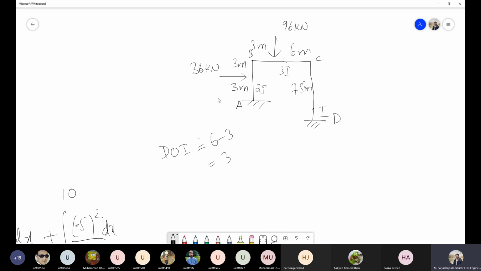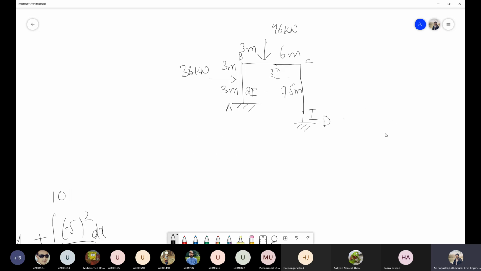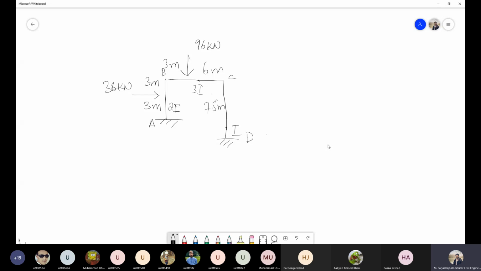So we need to take 3 reactions as redundant and write the compatibility equation accordingly and solve this. So let's start this one. You can take this A support as redundant or this D support as redundant. It's up to you. I did this question by taking this D support as redundant.